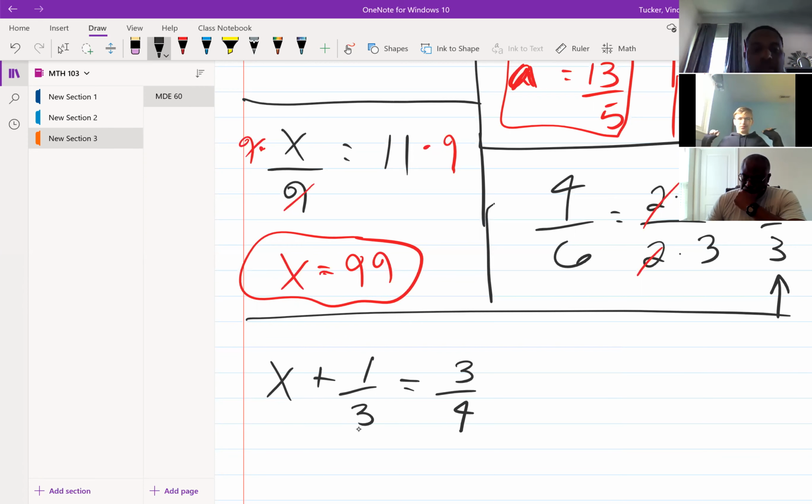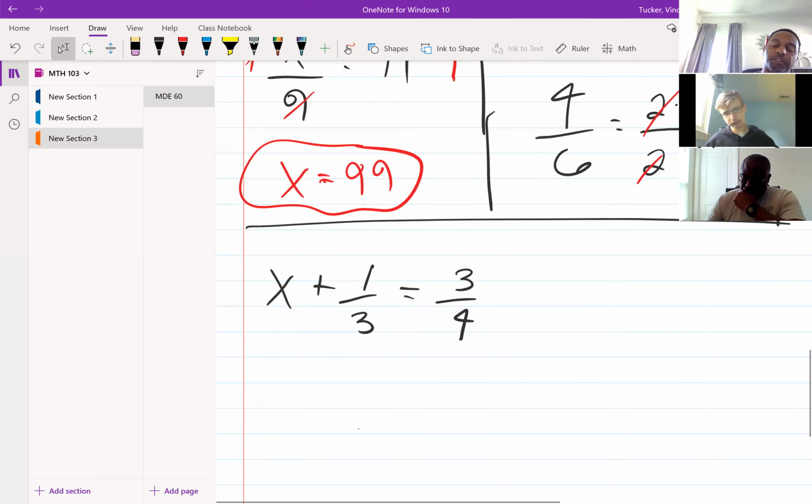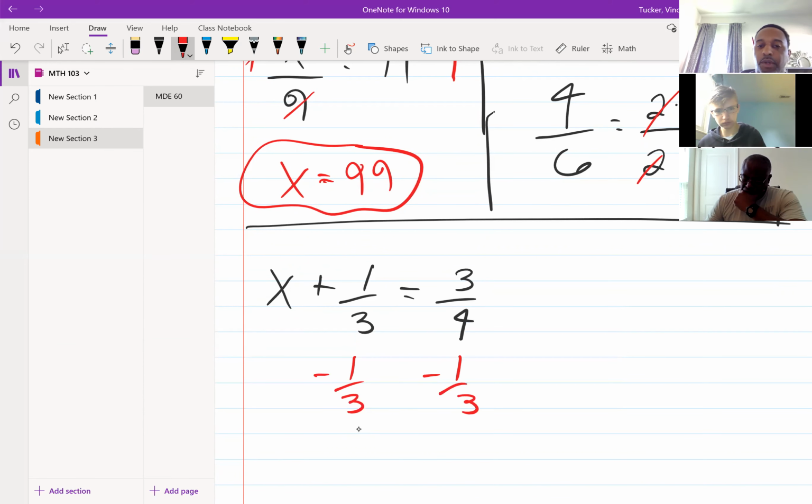Here we have x plus 1/3 equal to 3/4. Just because we have fractions doesn't mean that we change what we would do. So we want to undo what's being done to our variable. So we need to subtract 1/3 from both sides of the equation. 1/3 cancels.